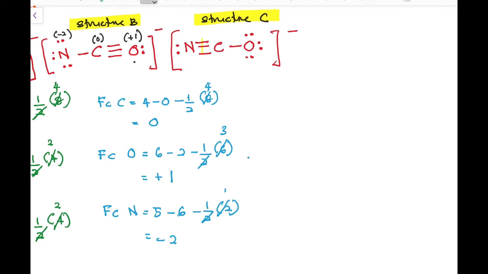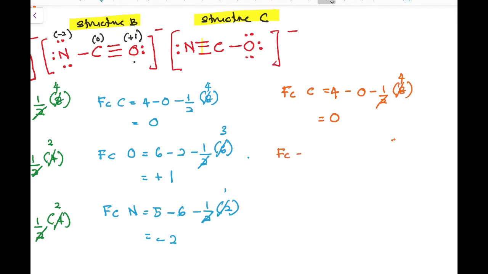The third structure. We have the formal charge for carbon, 4 minus 0 minus half from 8, becomes 0.